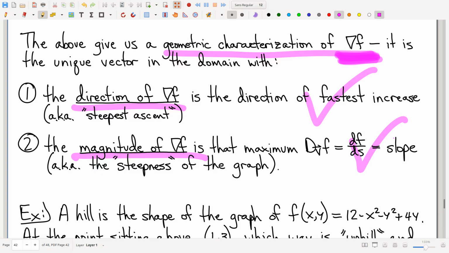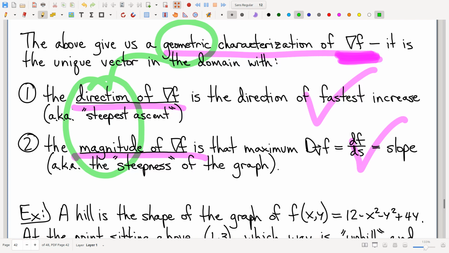So I call this a geometric characterization because notice now we're understanding the gradient vector by way of its geometric features, not by way of its coordinates. That's algebraic stuff. We're understanding it now by way of its geometric elements, you might call them, the direction and the magnitude. So I think it's a powerful sort of reconception of what a gradient really is. Okay. Is everybody happy with that?